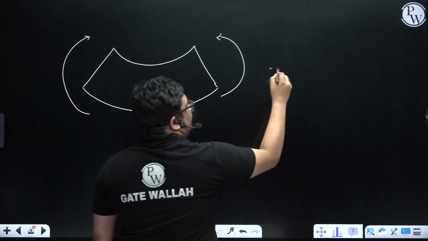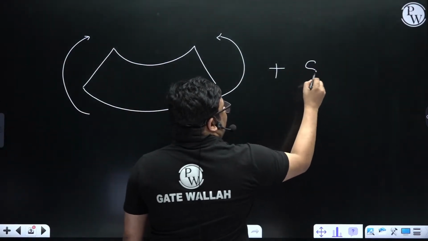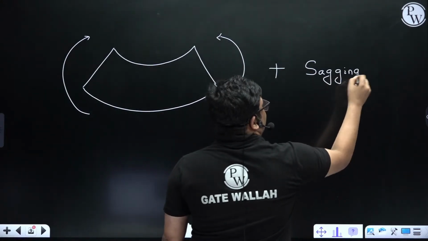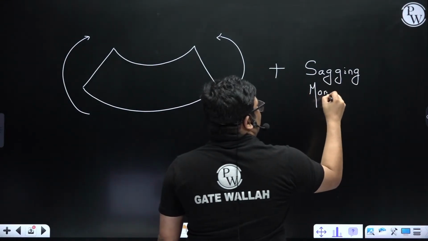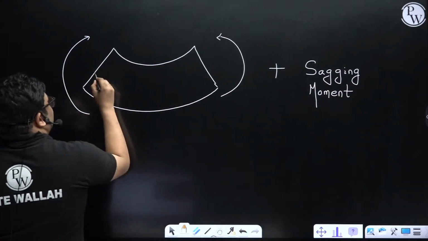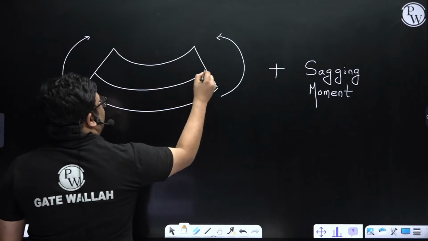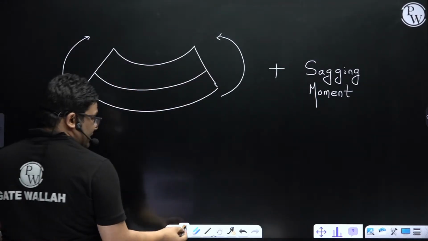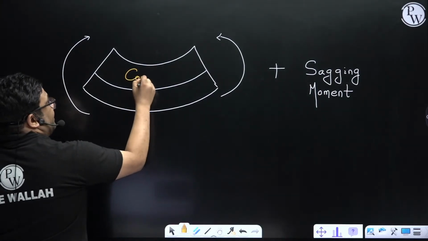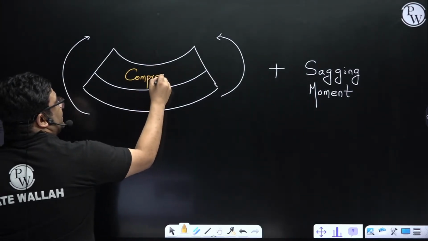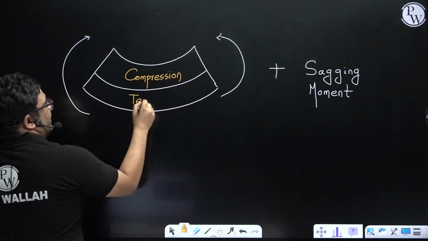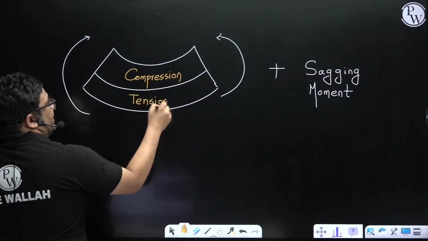So I can say this is a positive bending moment, or a sagging moment. In case of a sagging bending moment, above the neutral axis there is compression, and below the neutral axis there is tension.